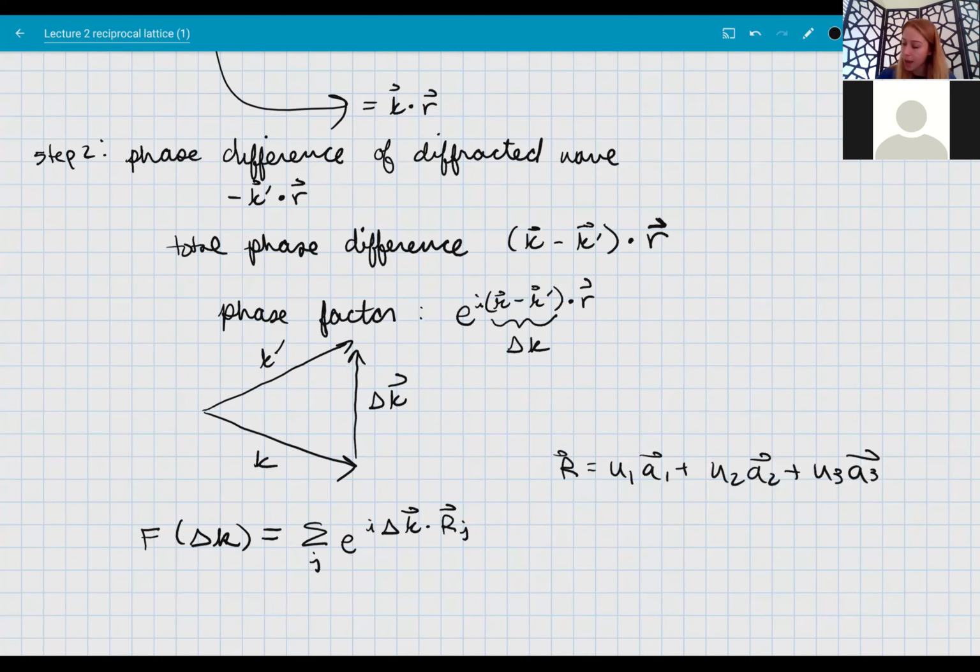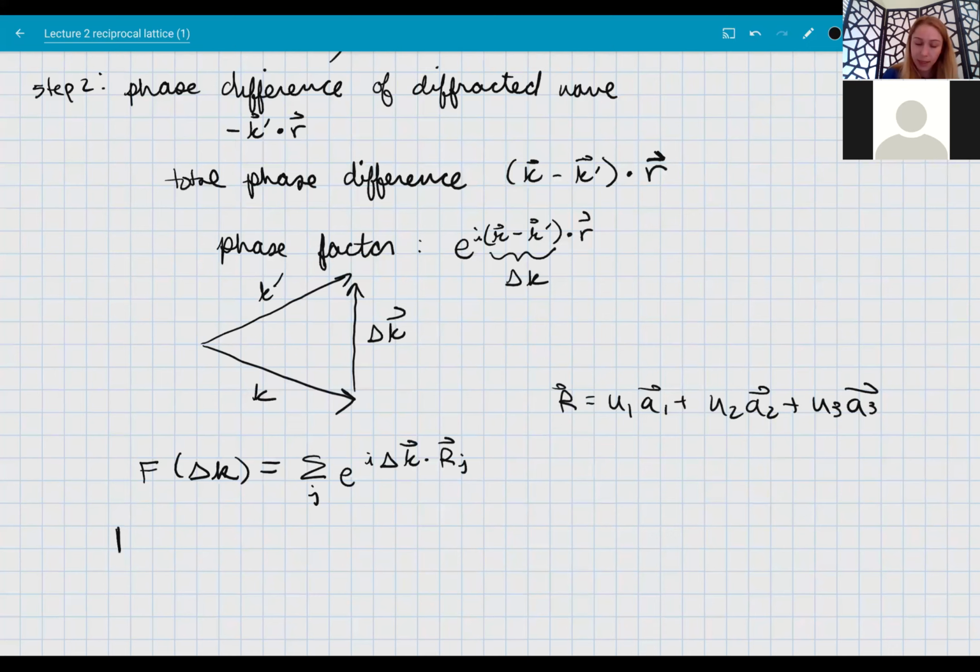Okay, and then the intensity of the scattered beam is just given as the amplitude of all of these phase terms added together. So like this, amplitude squared, and this is equal to a sum over i and j of e to the i delta k dotted with vector ri minus rj.